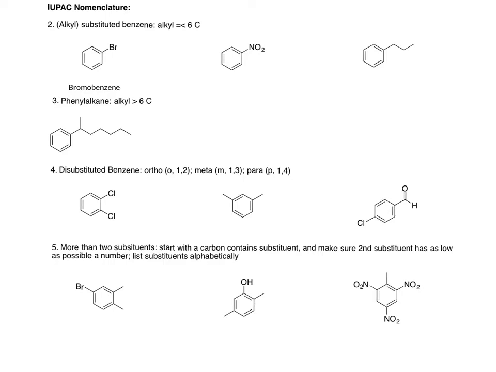And the following compound has a nitro group directly bound to an aromatic ring, and is named nitrobenzene. When you have an alkyl substituent directly bonded to the aromatic ring, you could name this compound as an alkyl substituted benzene. In this case, this compound is named propylbenzene.